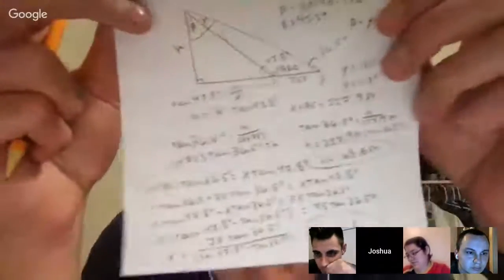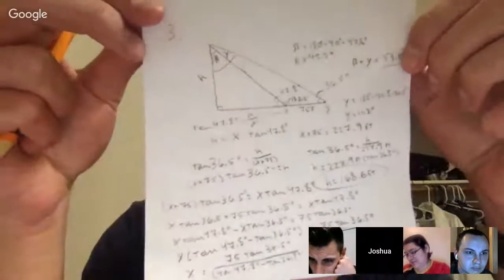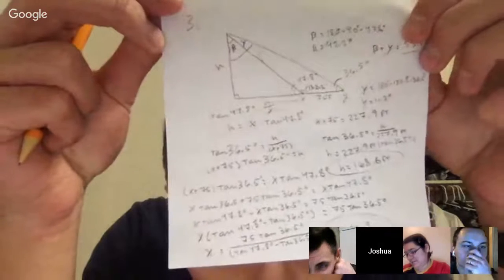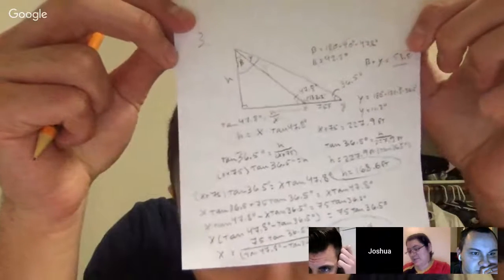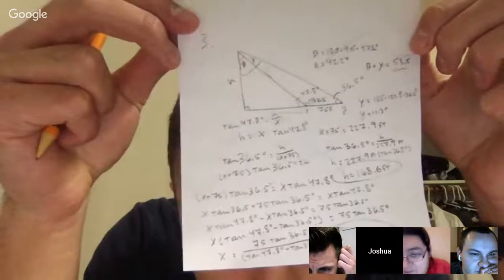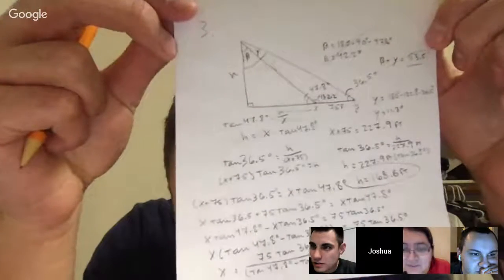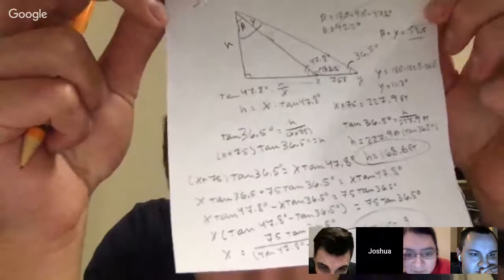Wait, so what was the process you guys did then? So Josh was saying, what did you do? So you found, sorry, I can't read that really. Let me make this screen bigger. There we go.